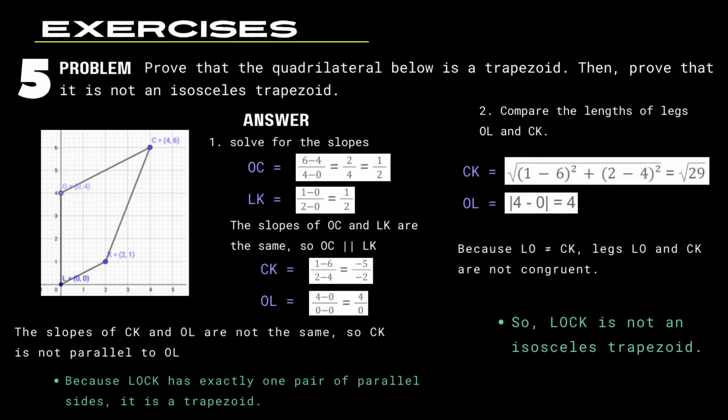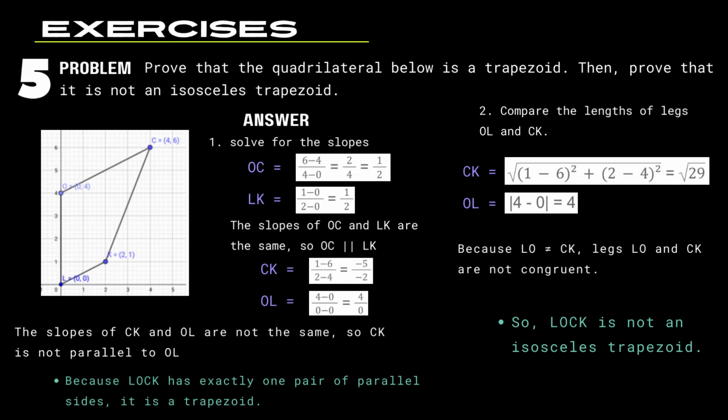Now, with that given information, we compare the lengths of legs OL and CK, wherein CK is equal to the square root of 1 minus 6 squared plus 2 minus 4 squared, that is equal to the square root of 29. Then for OL, that is equal to 4 minus 0, or equal to 4.